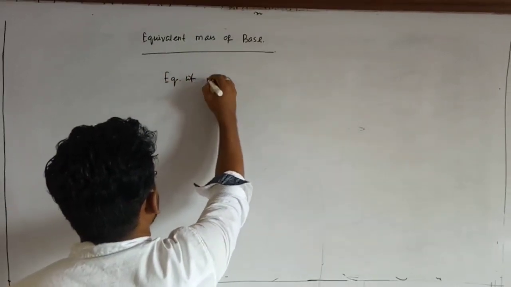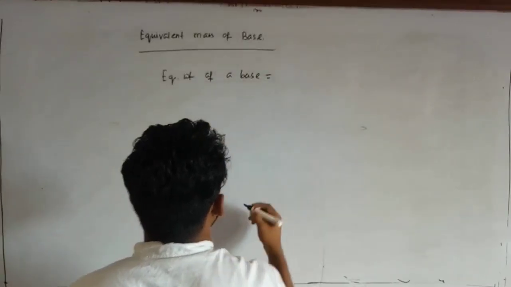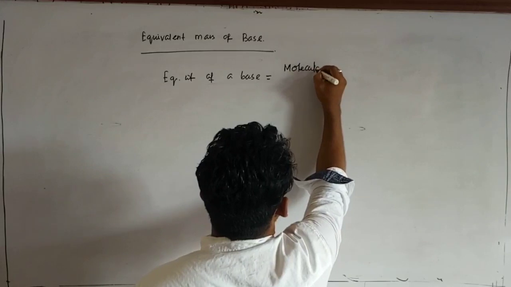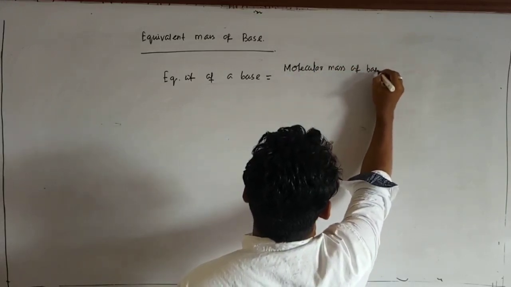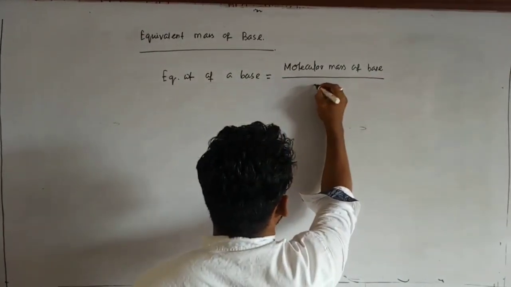Equivalent weight of a base is equal to the molecular mass of the base divided by its acidity.